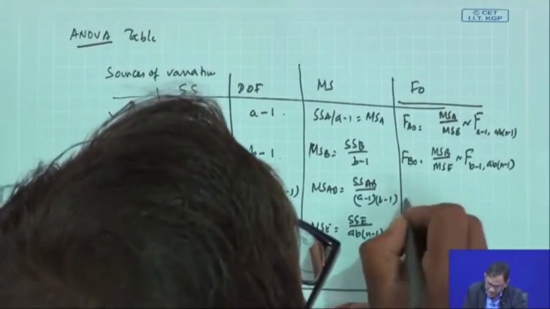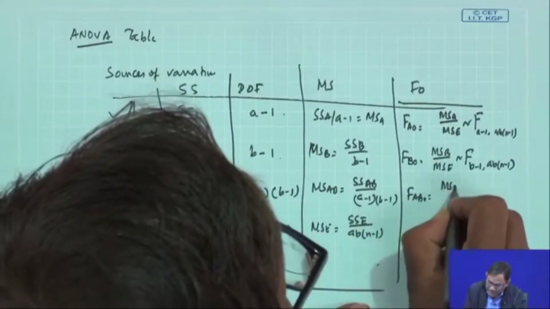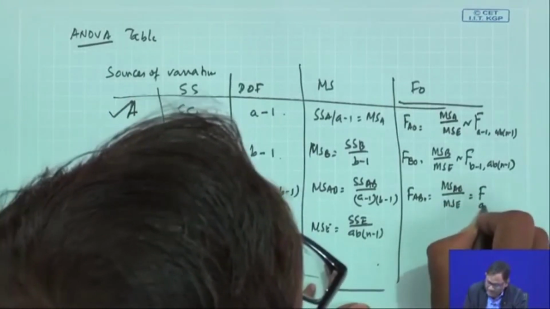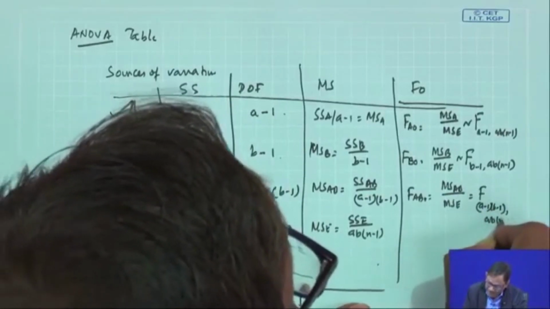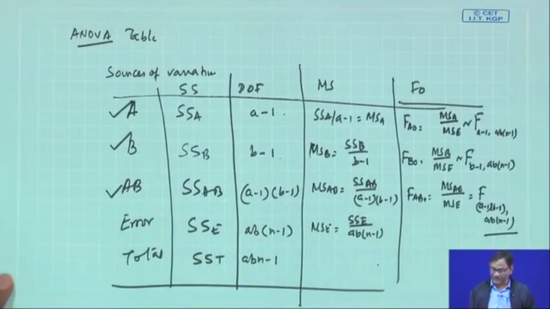Then F0 for AB will be MSAB by MSE, following F with a minus 1 into b minus 1 and ab into n minus 1 degrees of freedom.